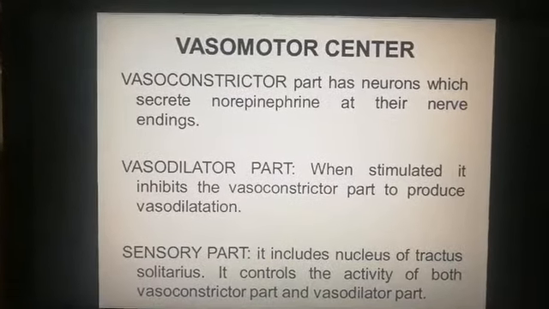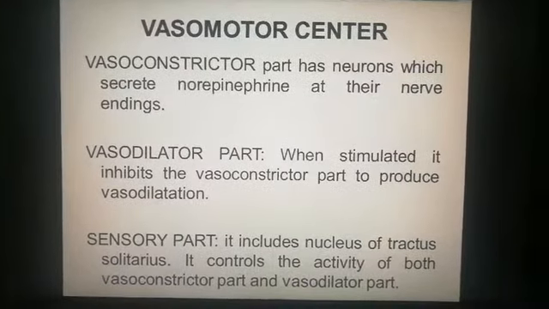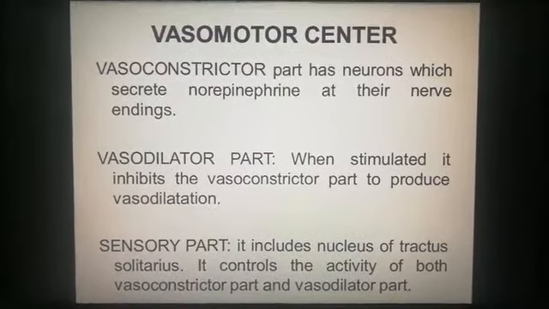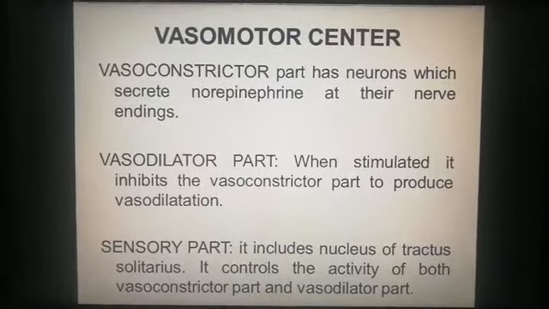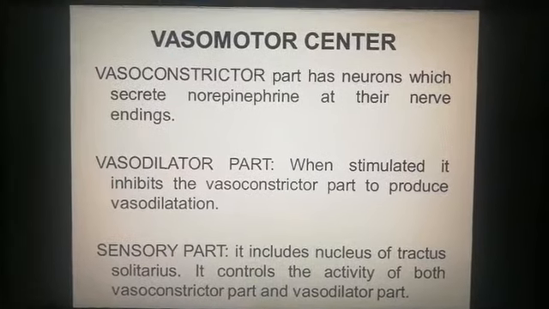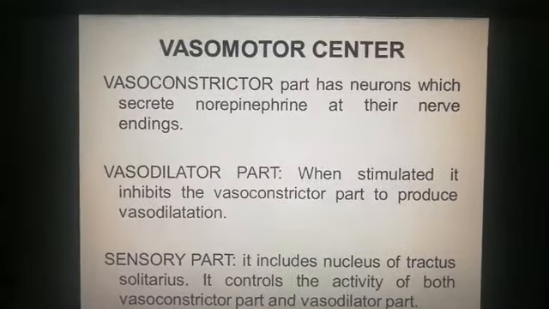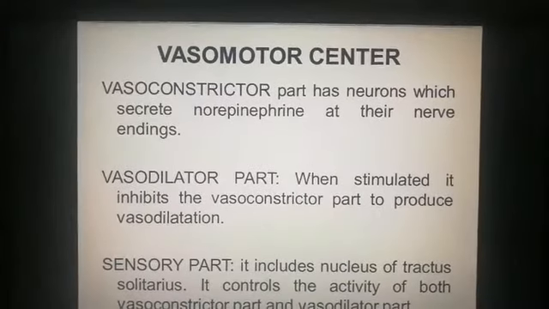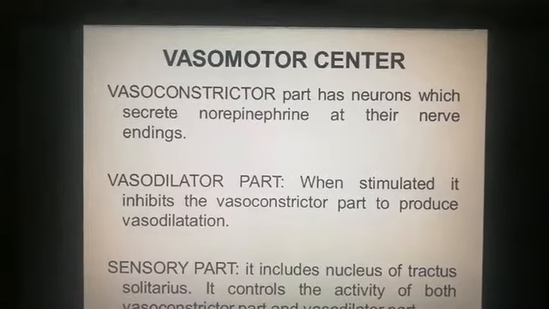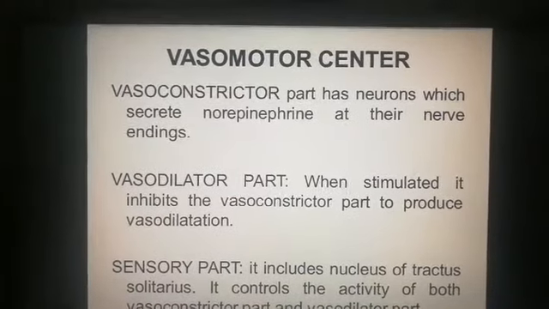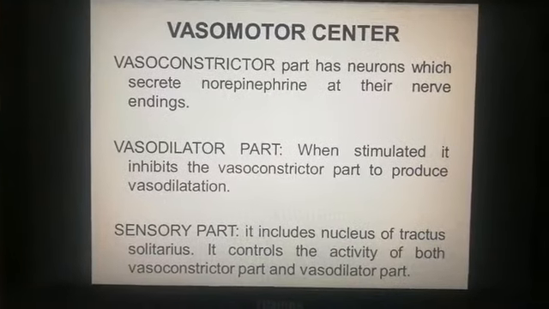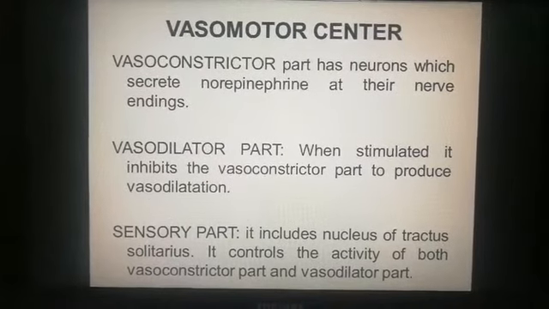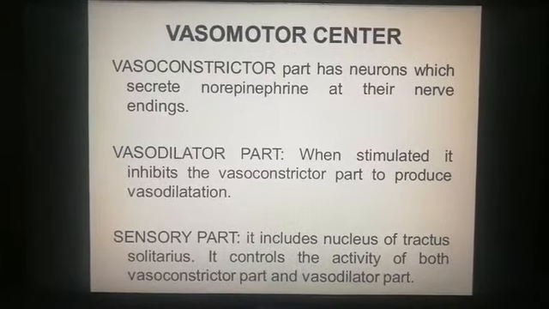Okay, and the vasomotor center. The vasomotor center has three parts: vasoconstrictor, vasodilator, and sensory parts. First, the signals are received by the sensory part. For example, when there is an increase in pressure in the blood vessel, this is the stimulus. This stimulus is received by baroreceptors present on the walls of the blood vessel.